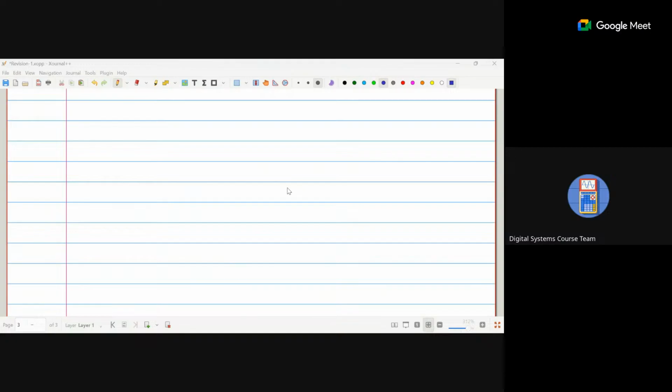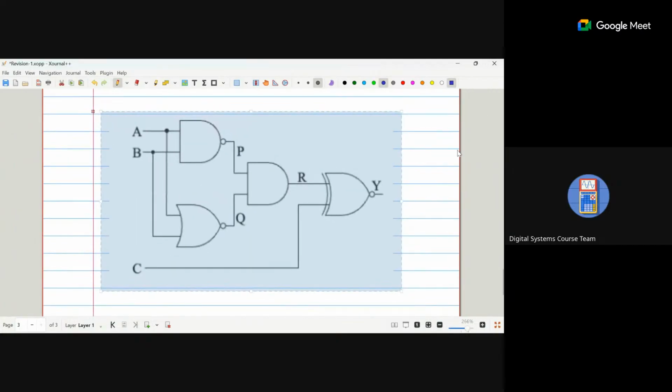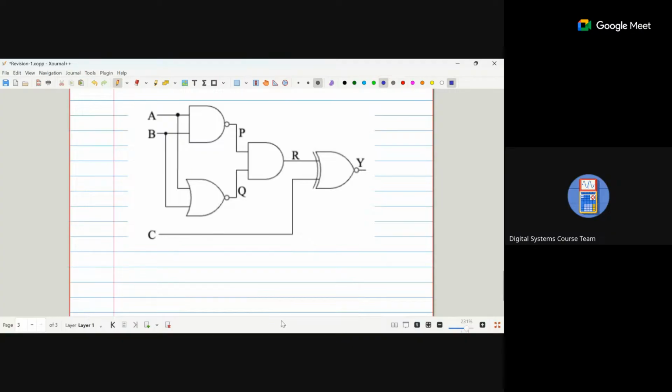So let's say this is your circuit diagram. In this diagram, the output y is equal to 1 when input a is equal to b dash.